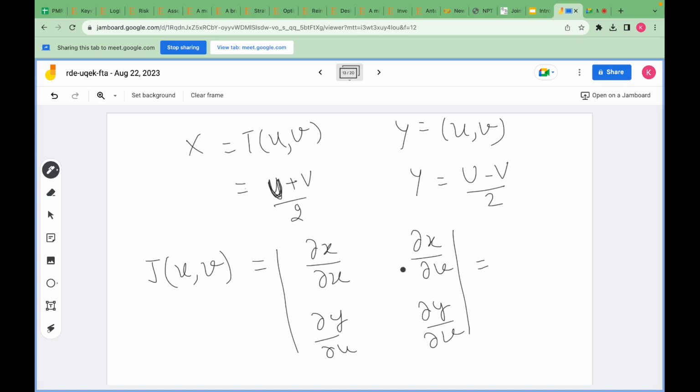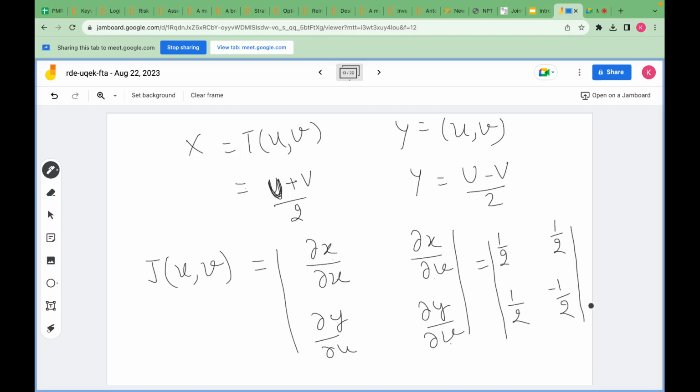So x is equal to (u plus v) by 2, so del x by del u, the partial differentiation with respect to u, is nothing but 1 by 2. Similarly, this is also 1 by 2. Del y by del u is also 1 by 2, and del y by del v is minus 1 by 2.